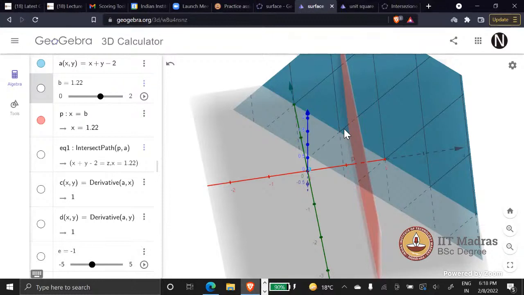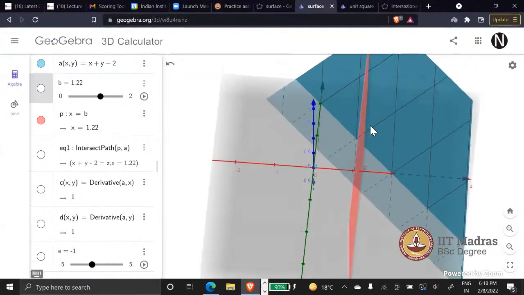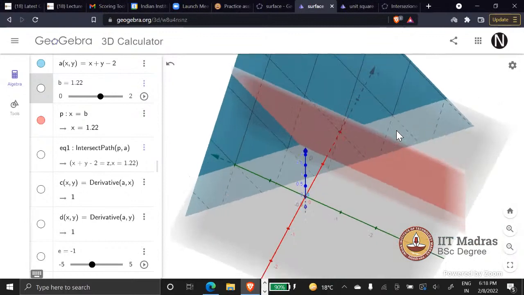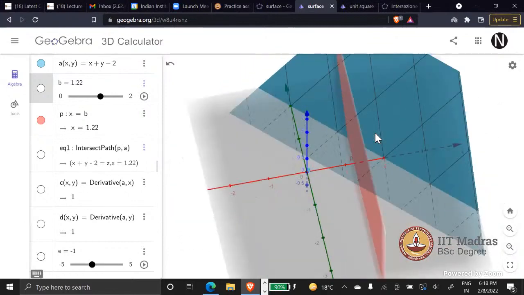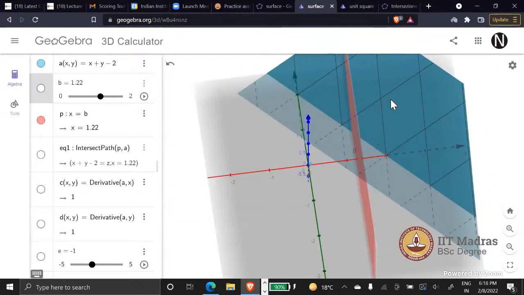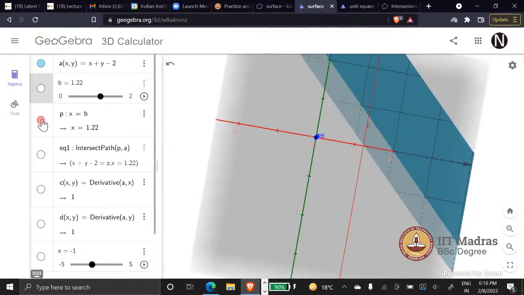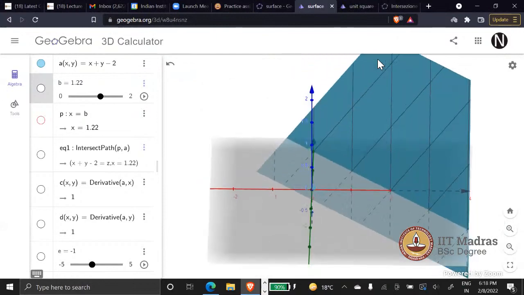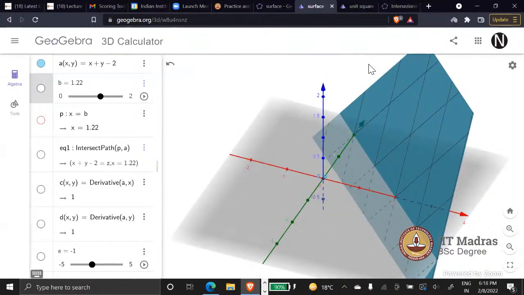It means y will vary from 0 to 2 minus x. Right? So which plane is x plus y equal to 2? The blue plane that you're seeing here. Okay, so this is your x plus y equals 2 plane.